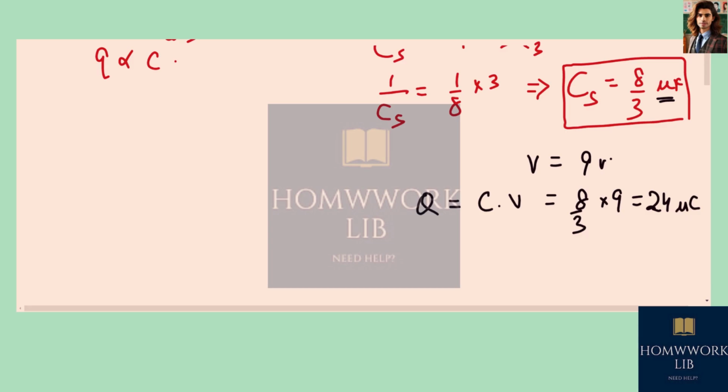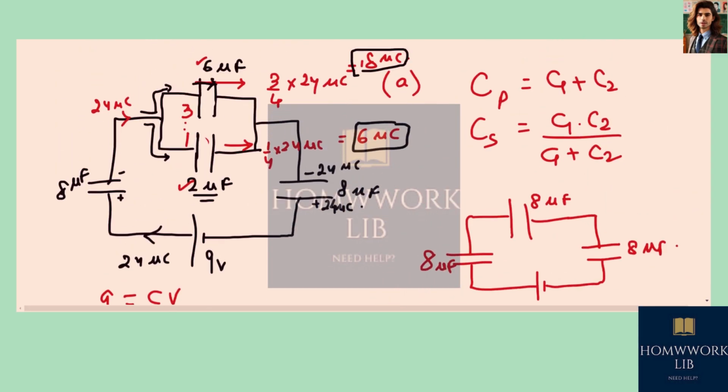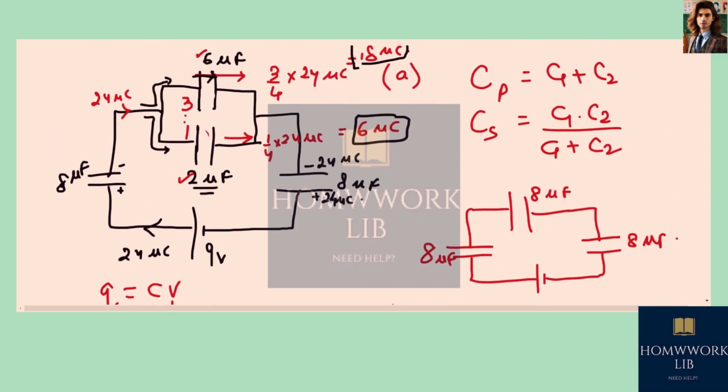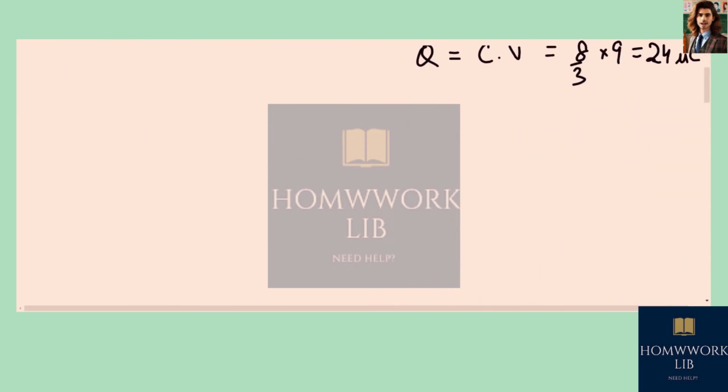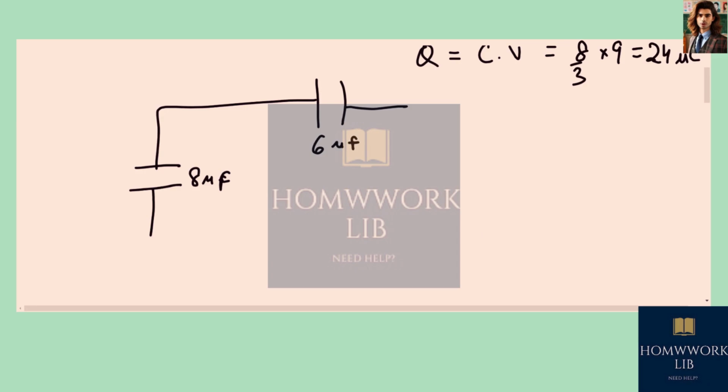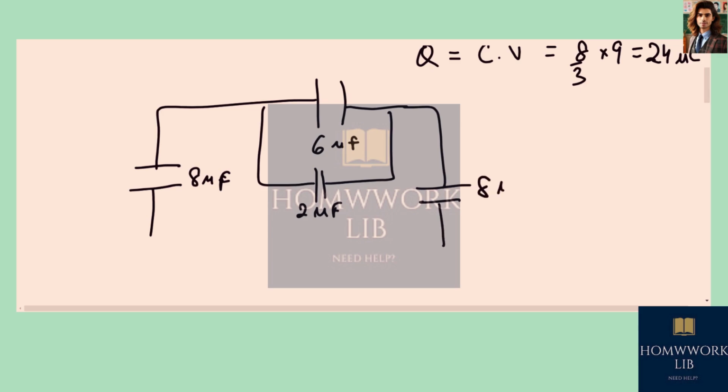And let us also compute in this circuit the difference in potential across each capacitor. So once we have figured out the charge, let us redraw this more effectively. So we had 8 microfarad here connected to 6 microfarad, and here we had 2 microfarad in parallel, and we had 8 microfarad here as well, and this was connected to the source 9 volt.